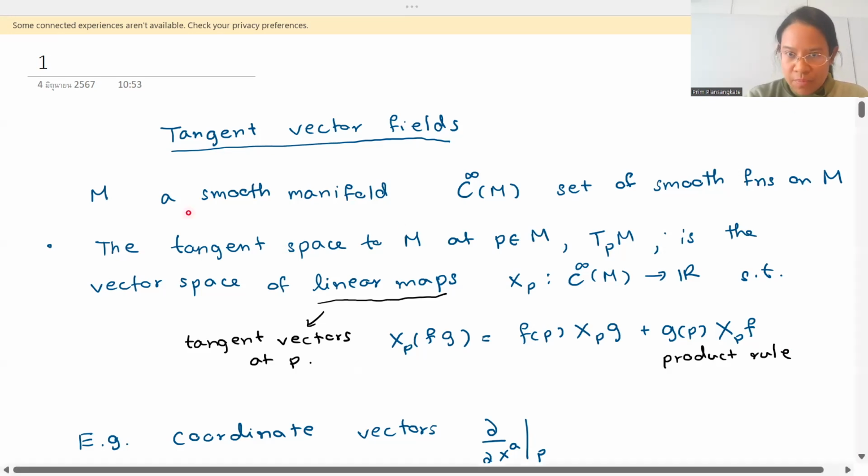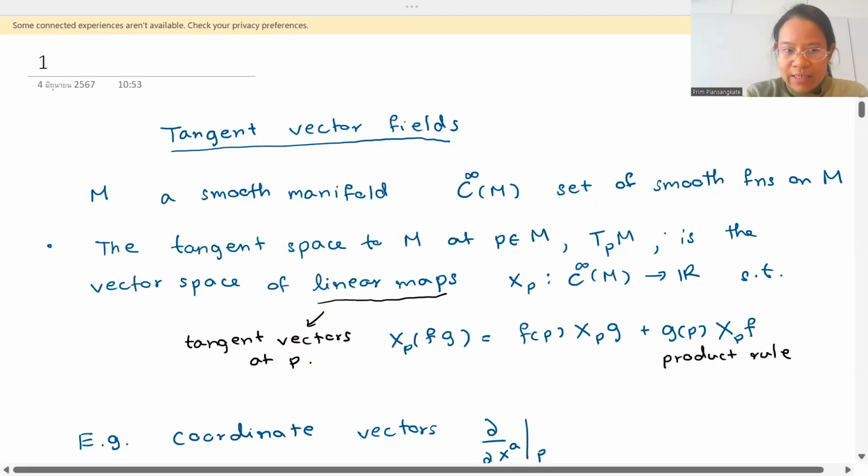Suppose M is a smooth manifold, and this symbol denotes the set of smooth functions on M. Then a tangent space to M at a point is a space of linear maps which maps a smooth function to a real number and satisfies the product rule here. Each linear map we call a tangent vector at P.